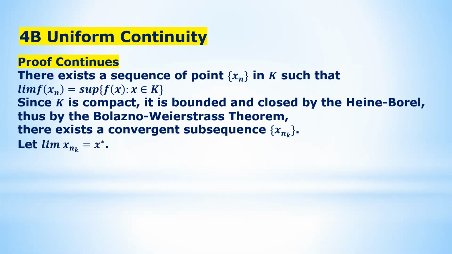Since xnk is a converging subsequence, I can define the limit of xnk to be a special point, the point x upper star.